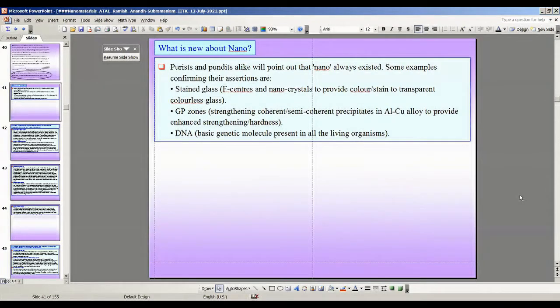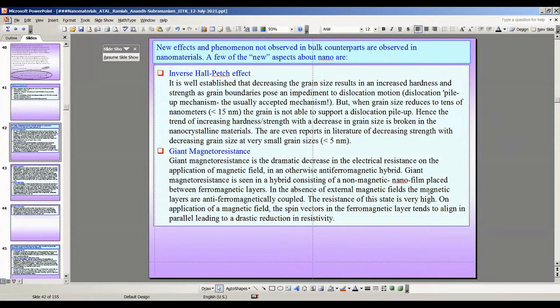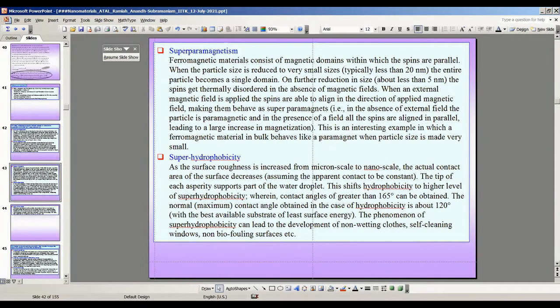Now, some people will say that nano always existed. They're right. For instance, the F centers in stained glass or the GP zones or DNA always were present. But there are new things which have come because of this emergence of nanoscale materials. And we'll have a look at them. These include the inverse Hall-Petch relation, the giant magnetoresistance, which we'll see towards the end of this seminar, superparamagnetism, super hydrophobicity, right? Wherein the contact angle can be greater than 165 degrees.